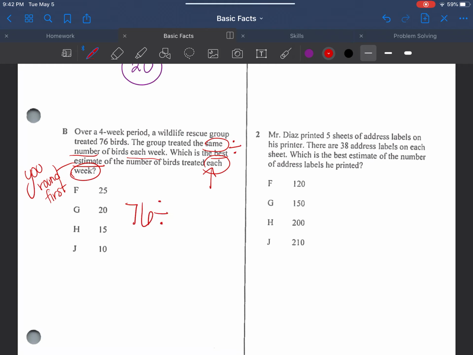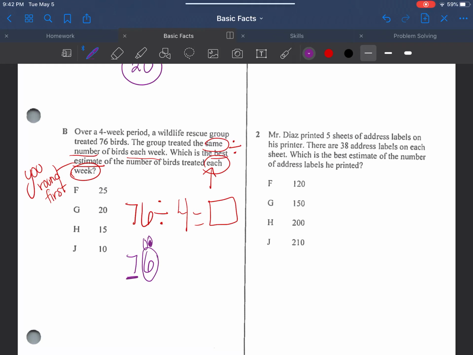For the number of birds treated each week. So that clue word each means that I'm going to divide the 76 birds treated by 4 weeks so that we can find how many birds they helped each week.